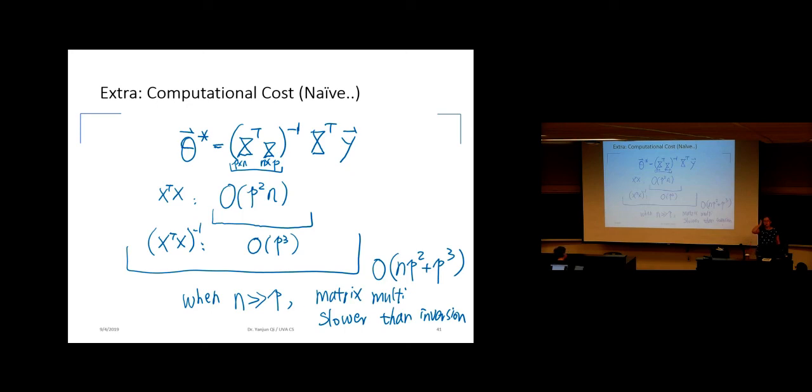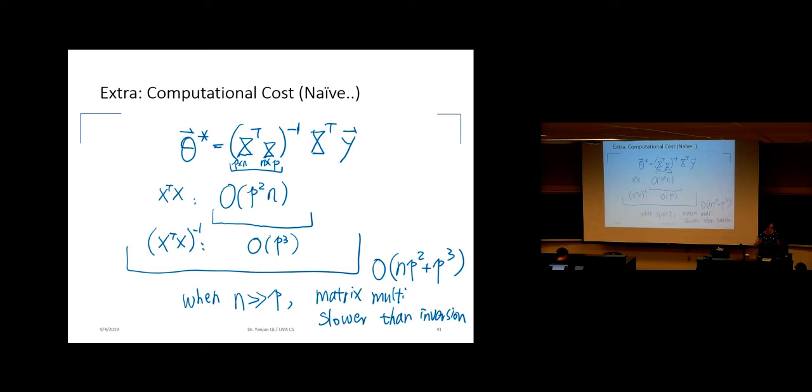Just think of a naive operation: a row vector of size n times a column vector of size n. What's the time cost? Actually, it's an inner product operation.